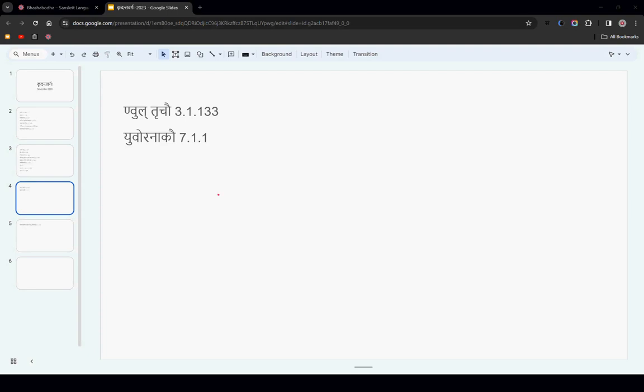Drishya changing to darshaka, one who looks. What is the dhatu for darshaka?